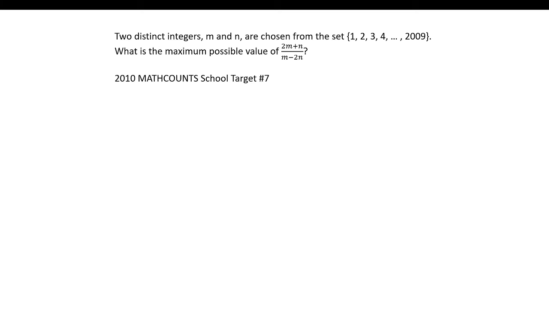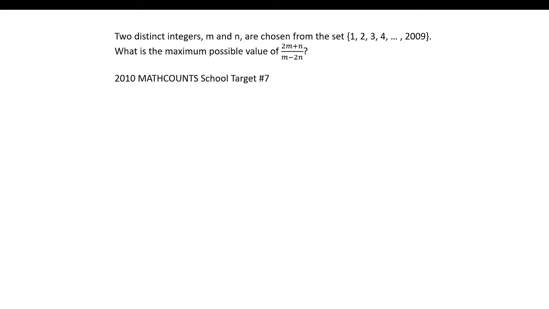So let's get into the problem. Today's problem comes from the 2010 School Target Round. It's problem number 7, one of the harder target problems on there. Two distinct integers, m and n.